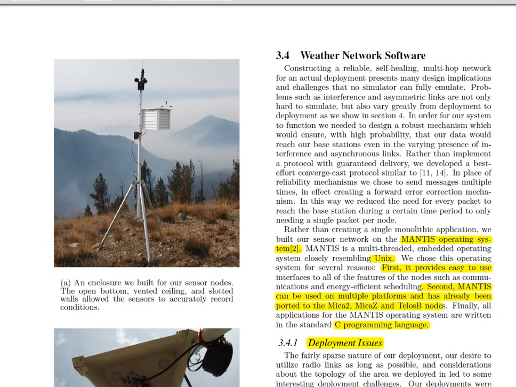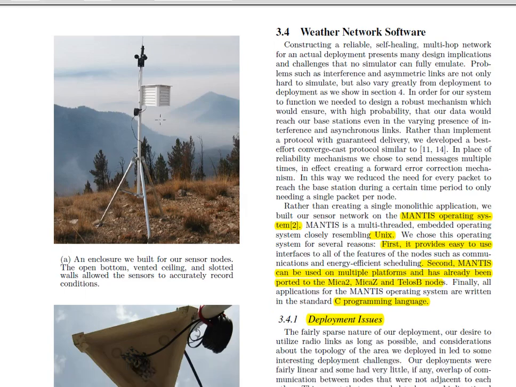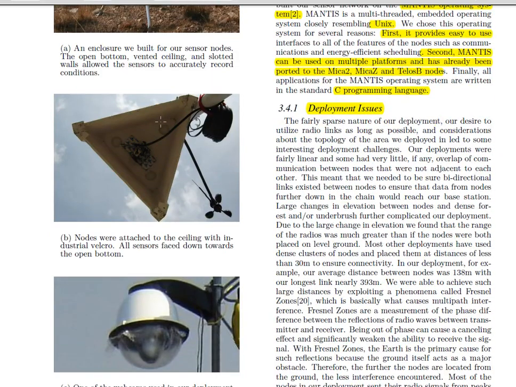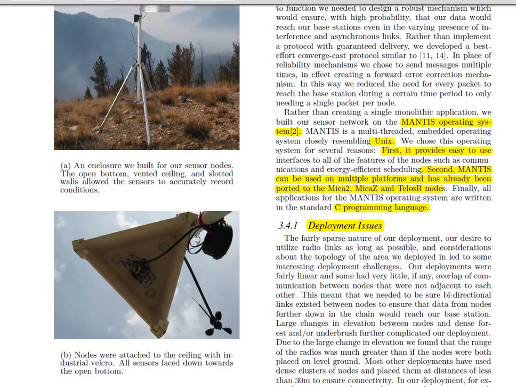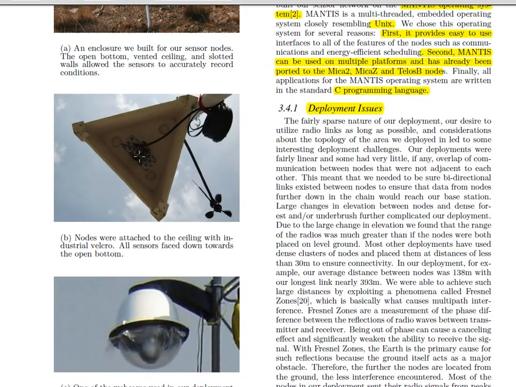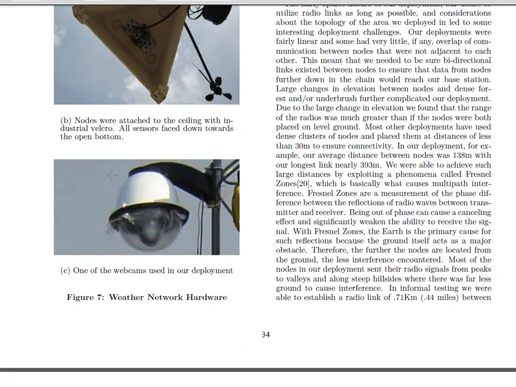But again, they must make sure that this cover does not interrupt sensing the data, all right? That is very important, okay? For humidity, they put it like this. If there is rain or something happening, it won't affect the sensor, right? And also they use this type of webcam or camera.